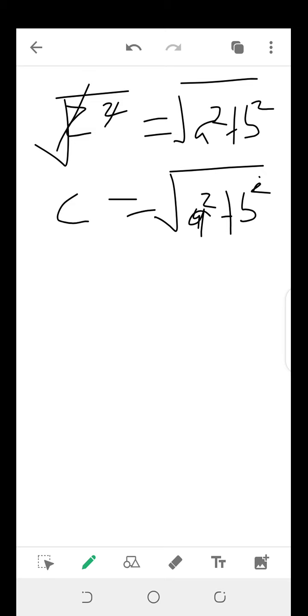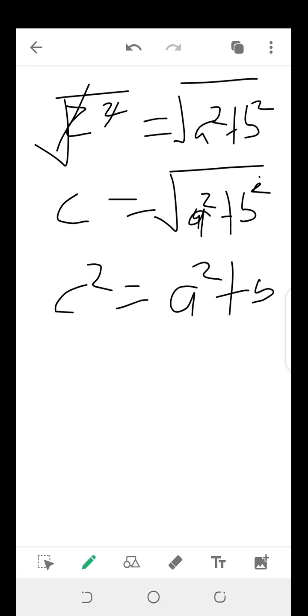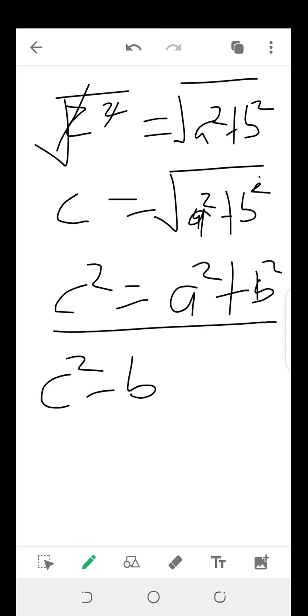With the same thing too, we can find B and A. If we are asked to find B, we can also use the same formula. C squared is equal to A squared plus B squared. If you want to make A the subject here, or find A, we just have to make A the subject out of this relation. So we can say C squared minus B squared, because B squared is positive and when it crosses the equation it becomes minus B squared.